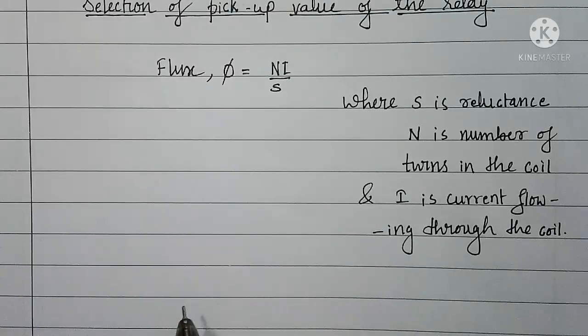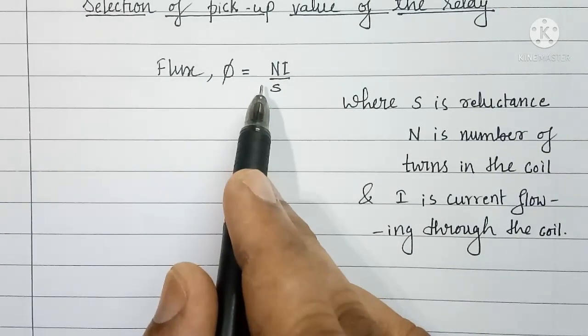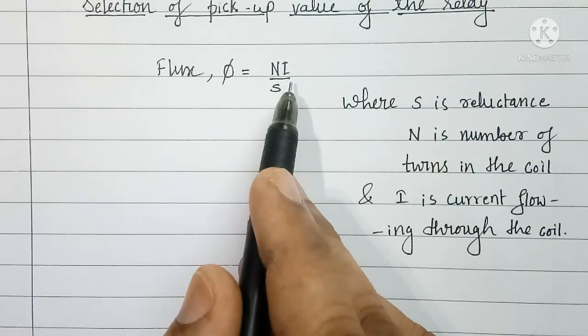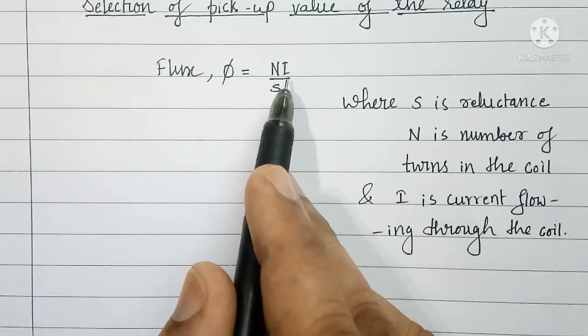It means that flux value can be increased by increasing number of turns keeping current constant, or keeping number of turns constant and by increasing current flowing through the coil.